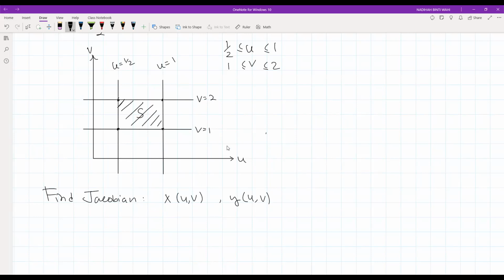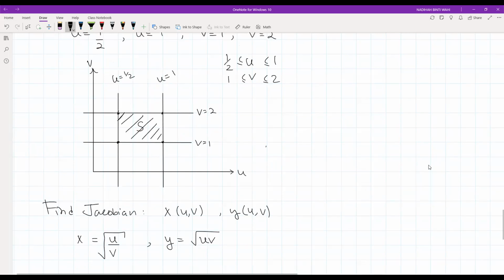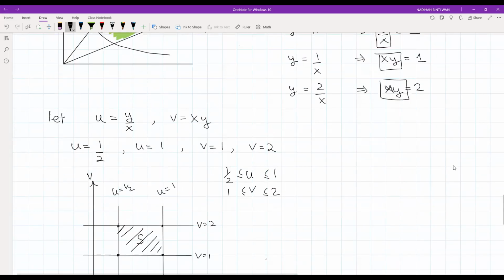After some manipulation, x is just square root of u over v, and then y is just square root of u times v. You can try to do it on your own. Try to look, does it make sense?